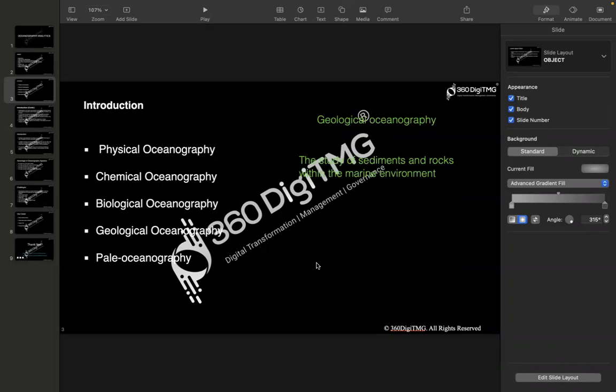Geological oceanography is one of the broadest fields in the earth sciences, and contains many subdisciplines, including geophysics and plate tectonics, petrology, sedimentary processes, micropaleontology, and stratigraphy also.